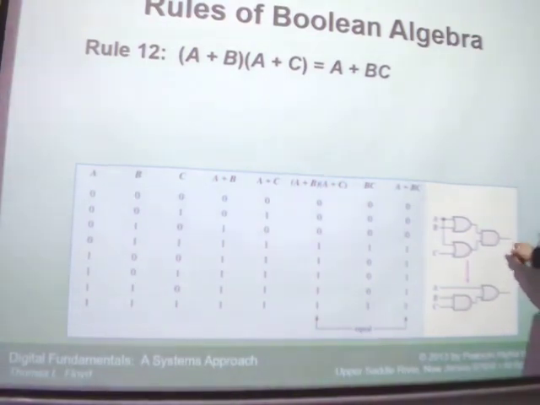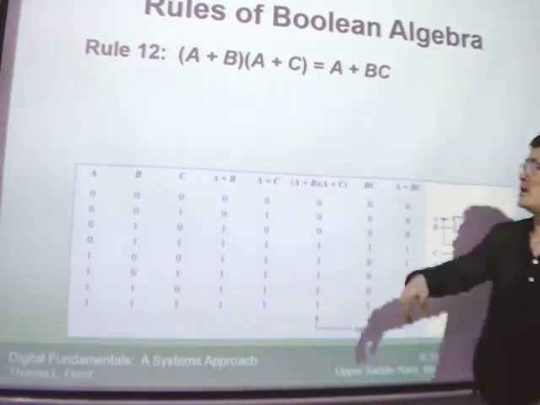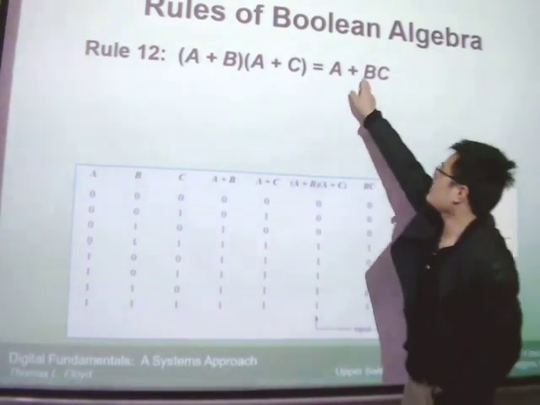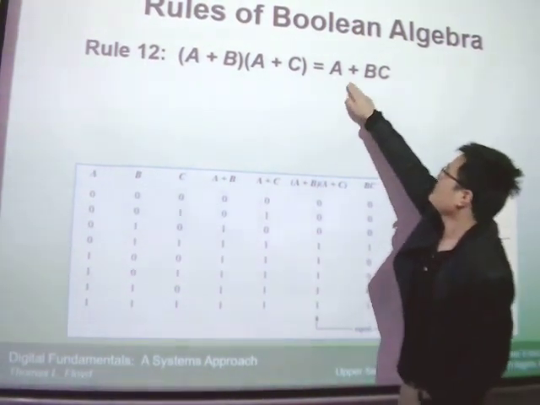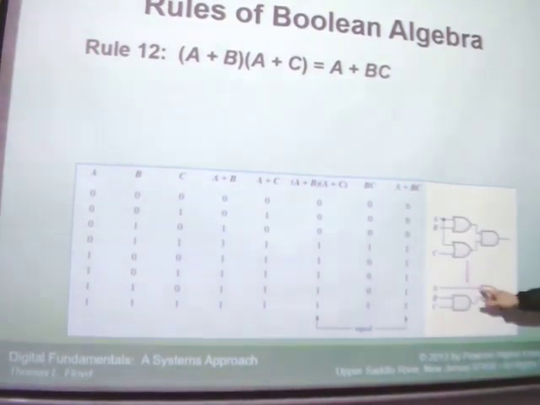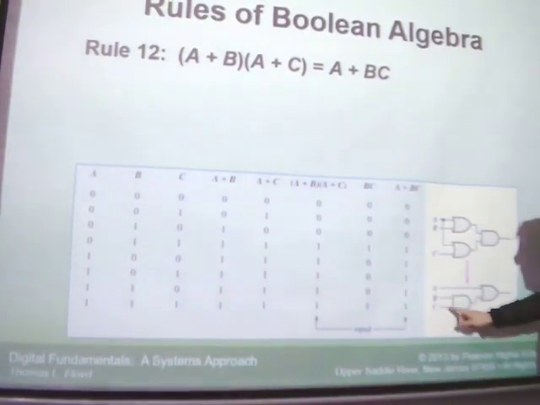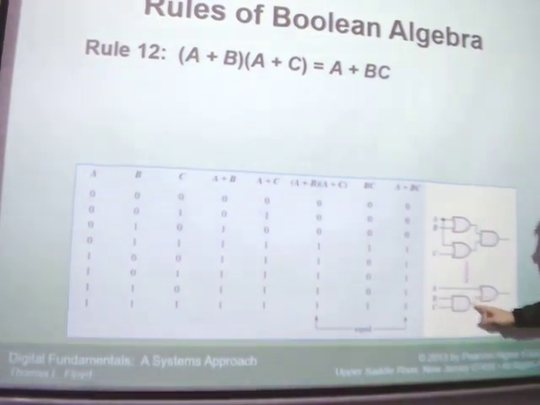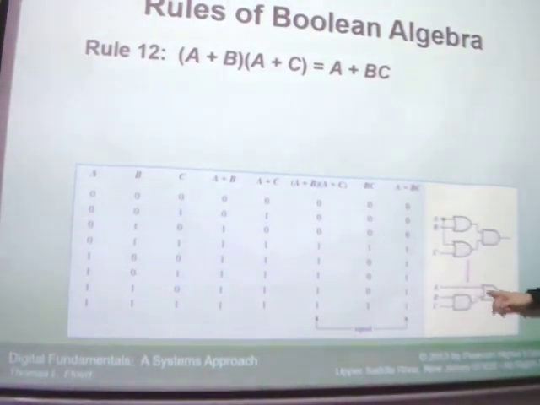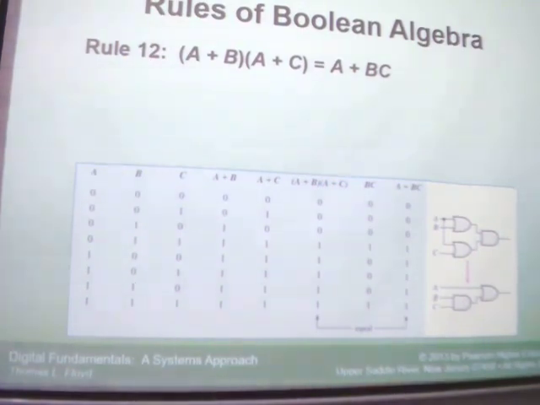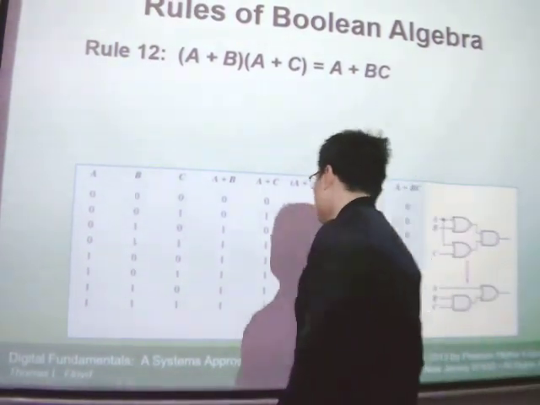The last output is the result of (A or B) and (A or C). And the circuit for the other expression is A, B and C. Use the AND gate for B and C, then or A, using this OR gate. So the circuit is this.